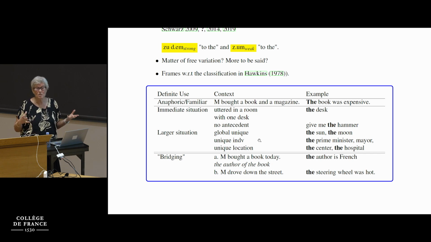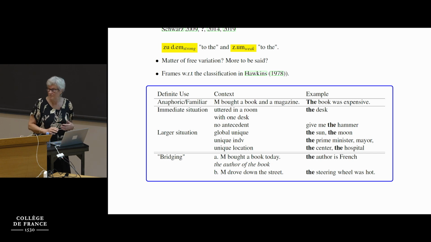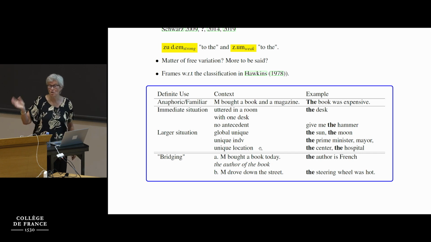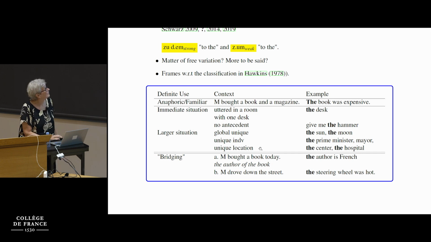You have unique individuals, something like the prime minister or the mayor. Right? So you know the mayor of a town, you can talk about the mayor in this situation of being in the town. Or you have a unique location, like the hospital or the center of the city.